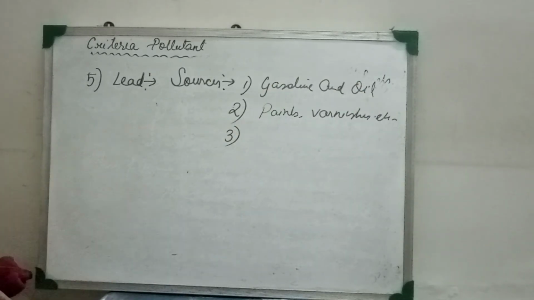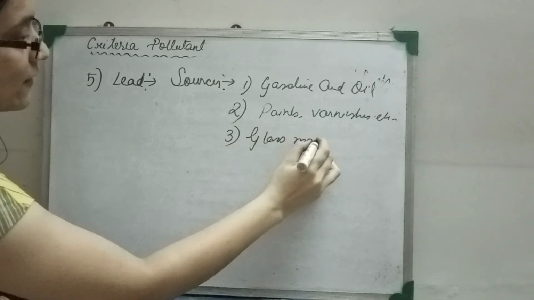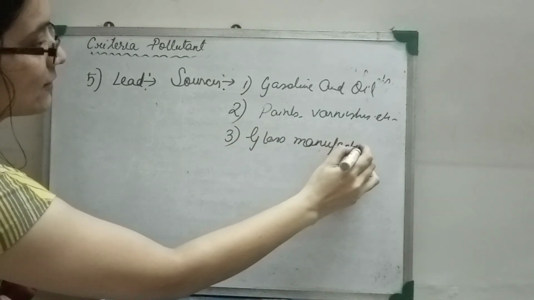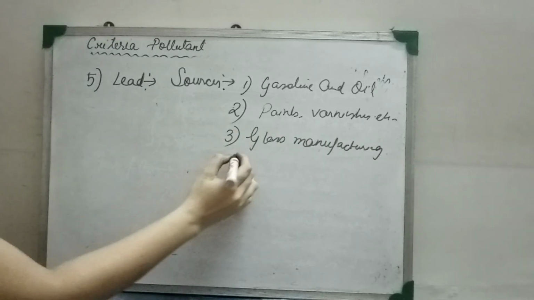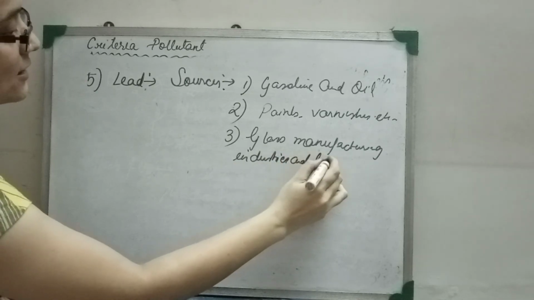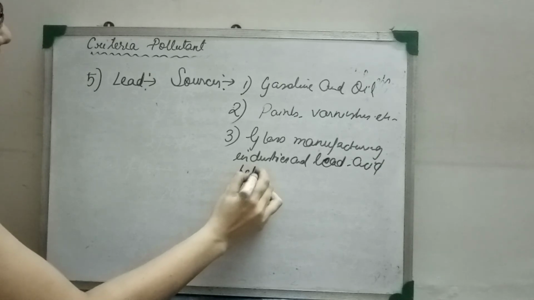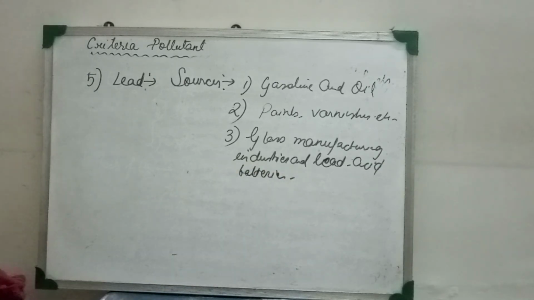Number three, glass manufacturing industries and lead acid battery manufacturing industries are some sources of lead in the atmosphere.